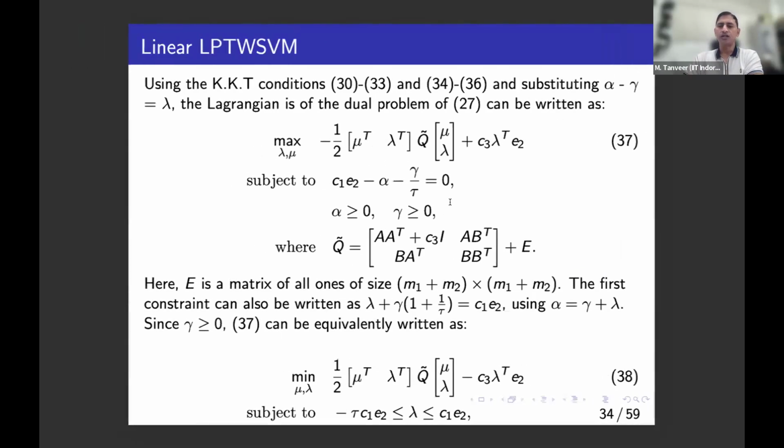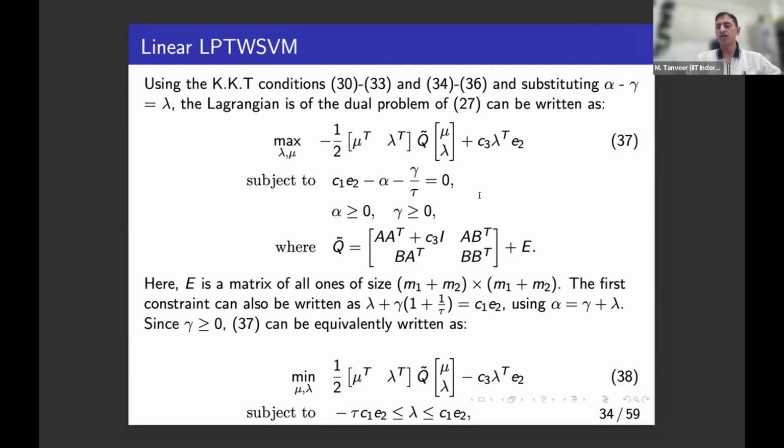You see equations 37 and 38. The matrices that appear in the dual formulation, that is Q tilde, are free from the inverse. This is the beauty of these algorithms: our way of working is slightly different, so it can handle larger scale data.